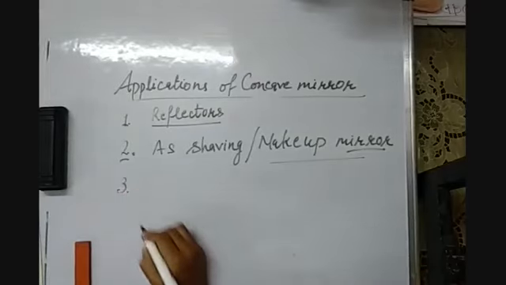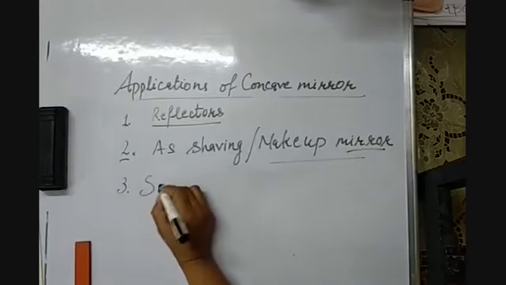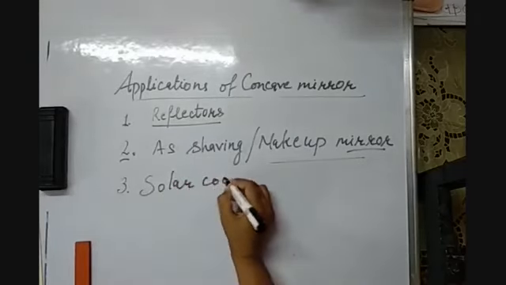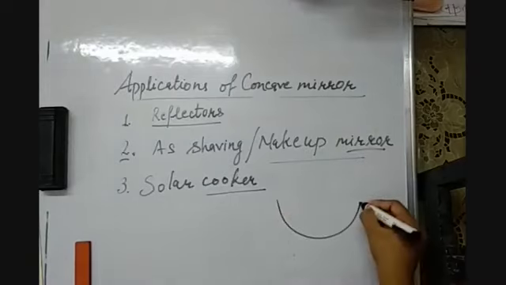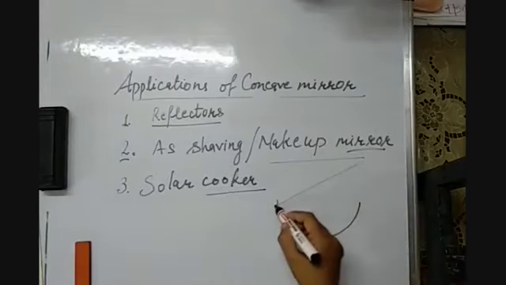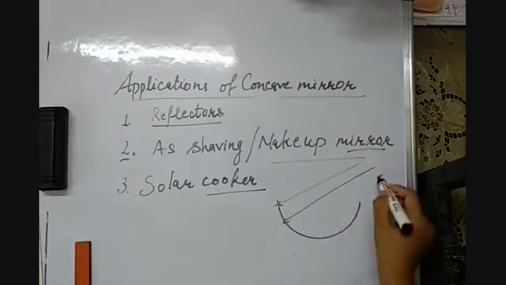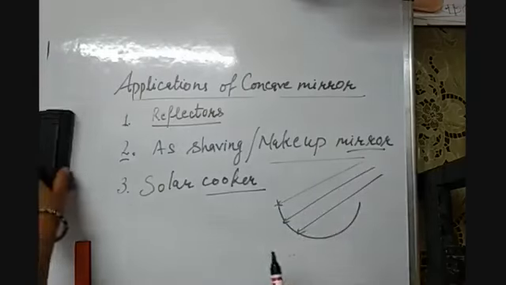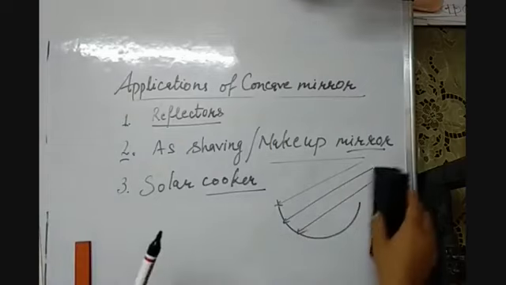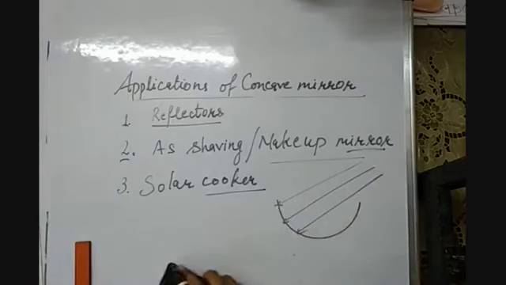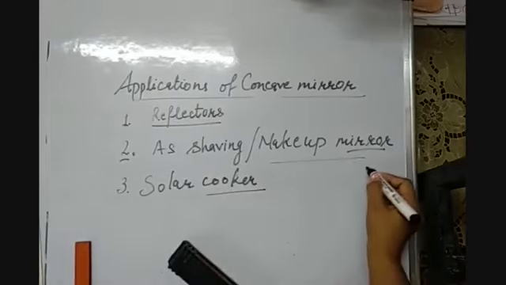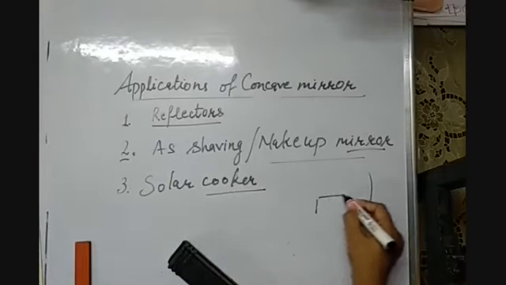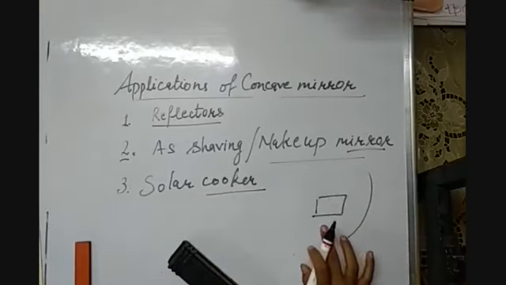Then the third application is in solar cookers. What happens in a solar cooker? We have a reflecting surface, the sun radiations are coming to it. The solar cookers are placed in this way, and here we will place our cooker in which the food is to be cooked.